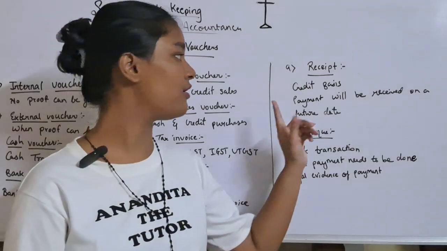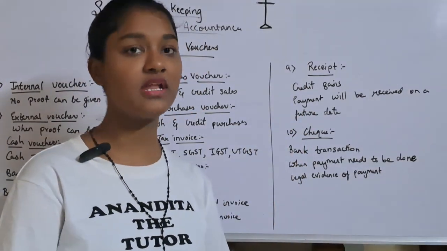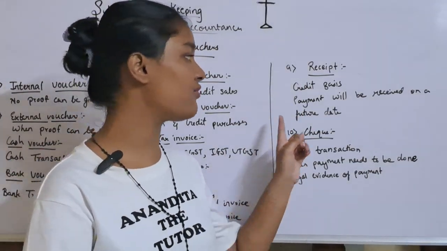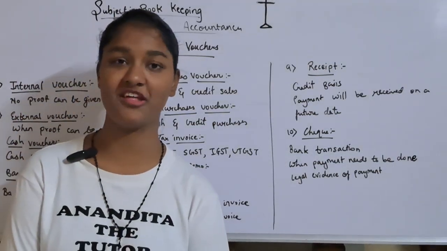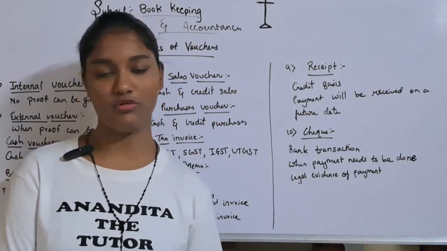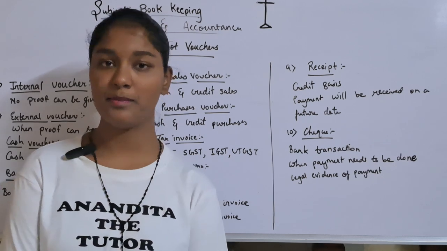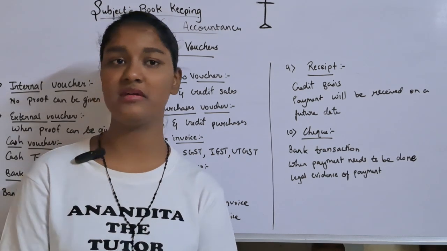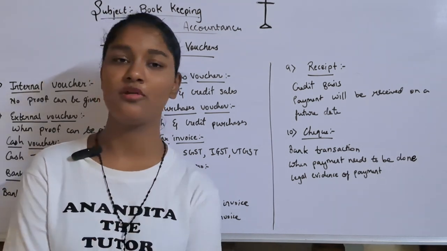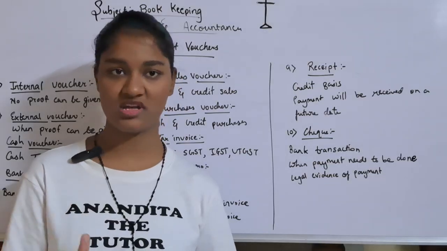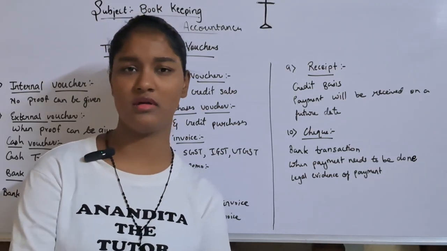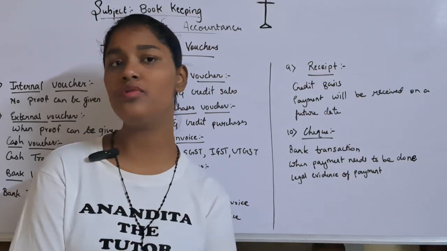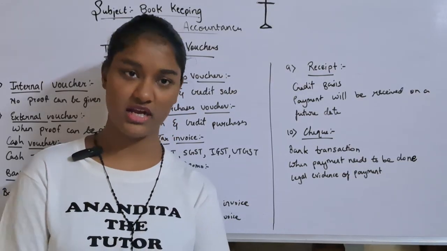अभी लास्ट टू टाइप्स, रिसीट. रिसीट इज क्रेडिट बेस्ड एंड पेमेंट विल बी रिसीव्ड ऑन अ फ्यूचर डेट. अभी this is also a voucher. Okay, suppose I gave some money to my friend on credit basis. Okay, so my friend said this much rupees I will pay you in the future, on the future date.